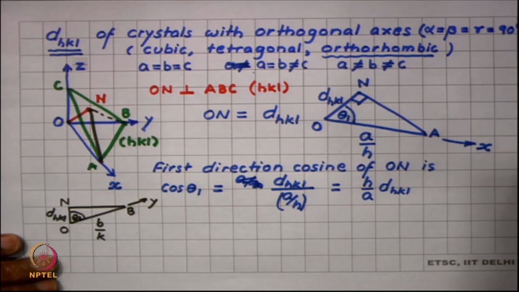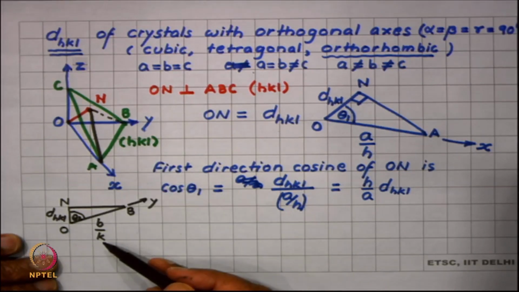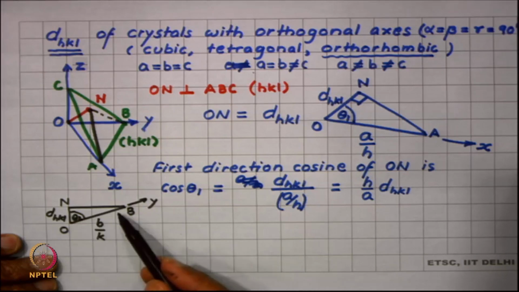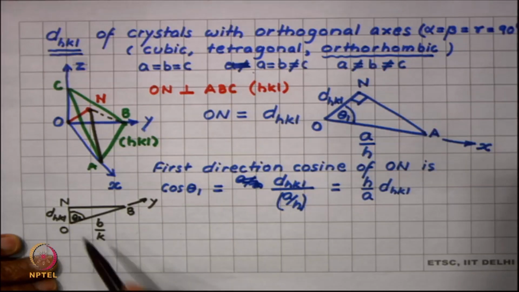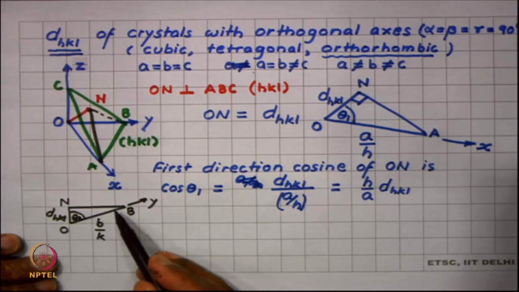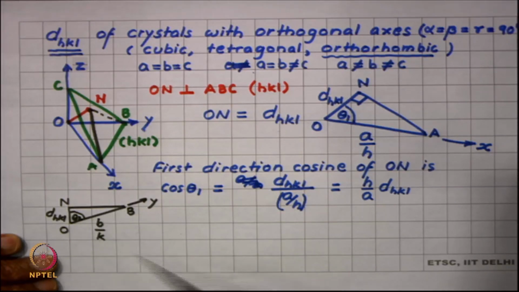The reciprocal of k is 1 by k, multiplied by the corresponding lattice parameter, which, since we are talking of orthorhombic, is different from a, it is equal to b. So, OB becomes b by k.